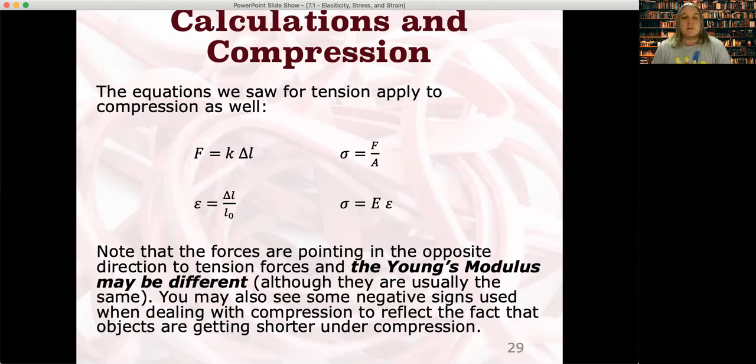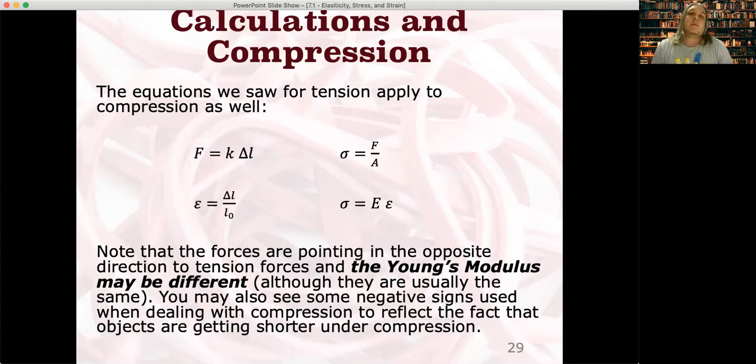As I've noted down the bottom there, the forces are going to be pointing in the opposite direction to the tension forces, because obviously now we're pushing inwards on the object rather than pulling outwards on it. The Young's modulus may be different, although they're usually the same, but it is worth double checking if you ever do any research or reference anything. Just double check if the Young's modulus does vary for compression versus tension.